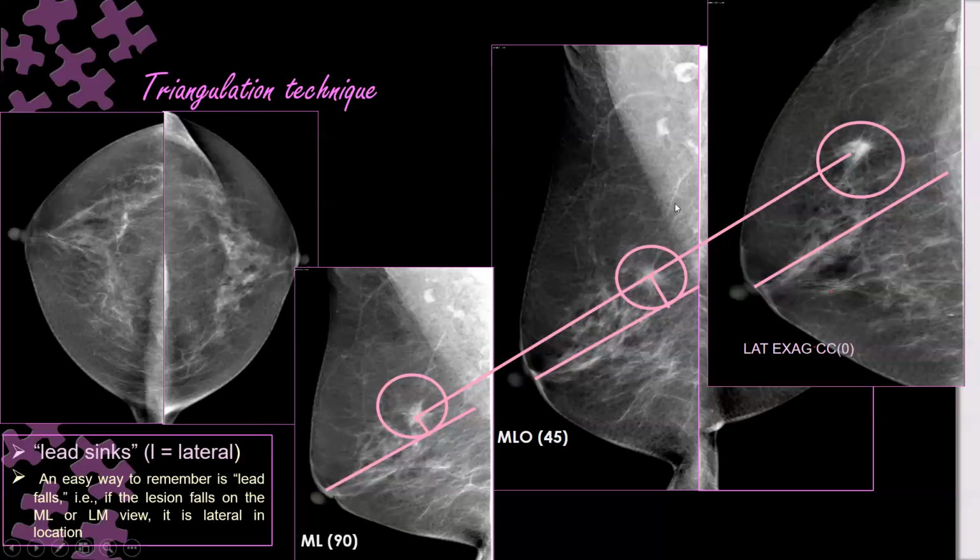But here it is close to the mid posterior nipple line. It might be medial or lateral. From the extended view or only the MLO, I cannot tell if it is medial or lateral. I have to go for the straight lateral. But in correlation with the CC, it is obviously a lateral lesion.